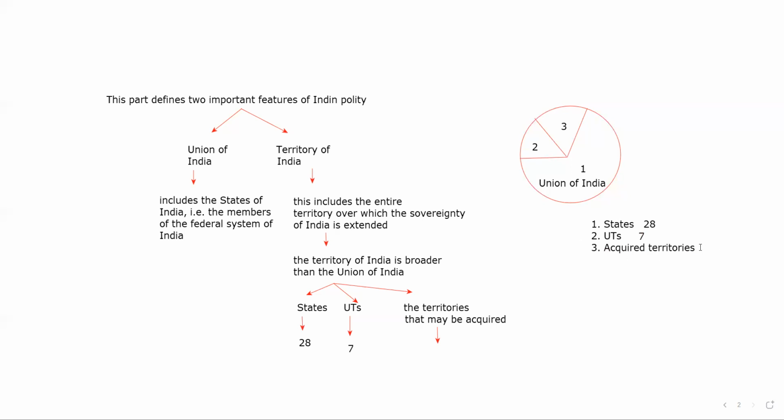As far as acquired territories are concerned, we have 0. You might already know the names of the states, so let me tell you about the UTs now.